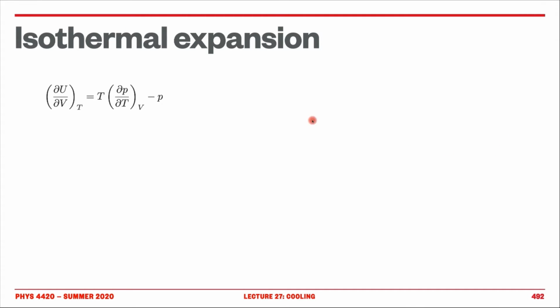Now we can also get some bonus from everything we've done, because of the math, we had to calculate dU over dV at constant temperature. Remember from the reciprocal theorem. But this particular partial derivative corresponds to the isothermal expansion. Isothermal expansion means that you are changing the volume at constant temperature, right?